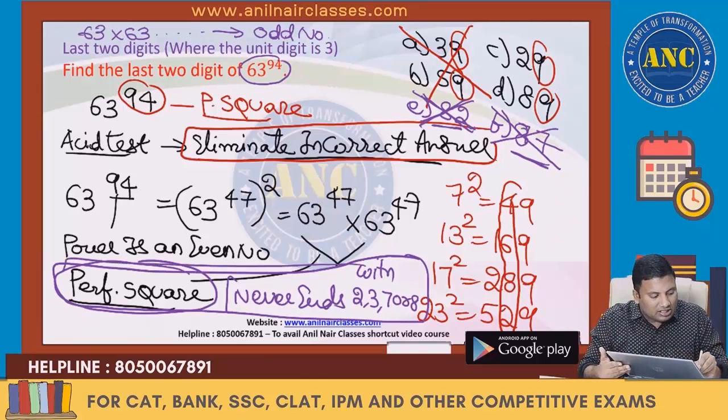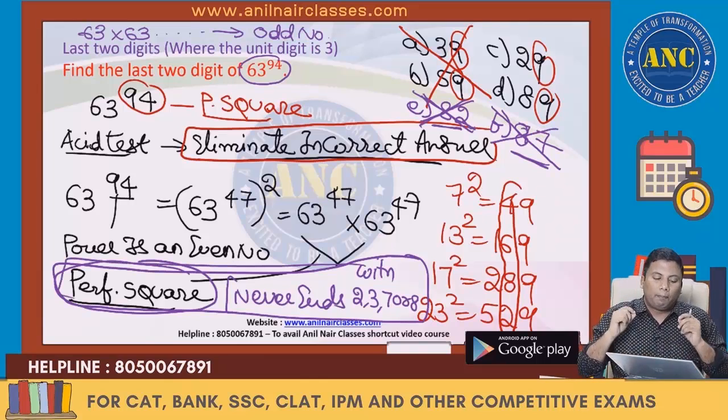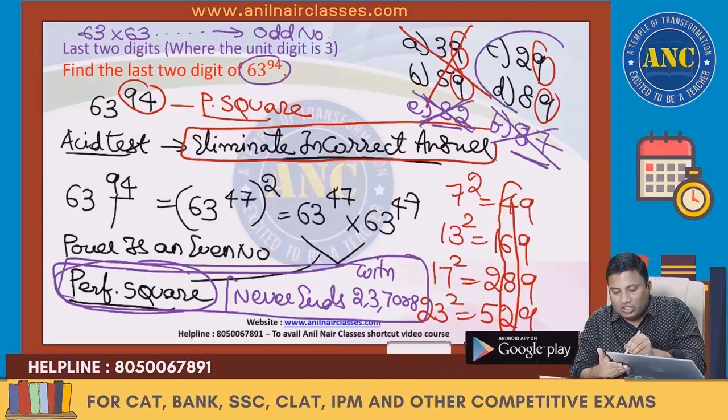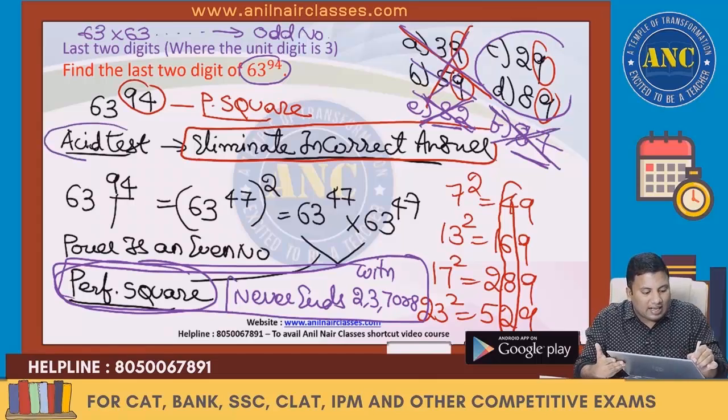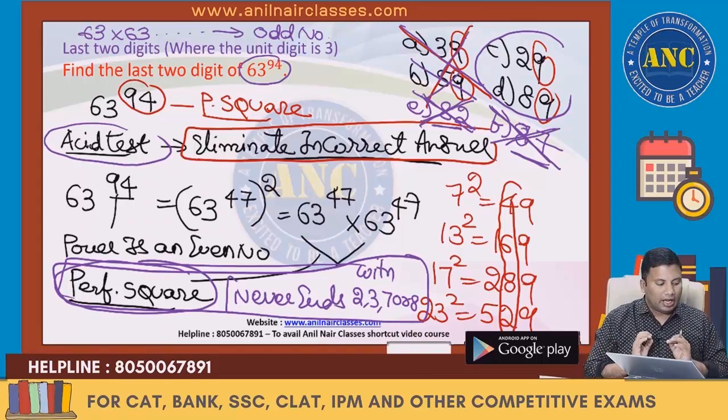Please write down this important key point. So we are left with these two. Telling these incorrect answer options is what I call an acid test. I hope it is clear.